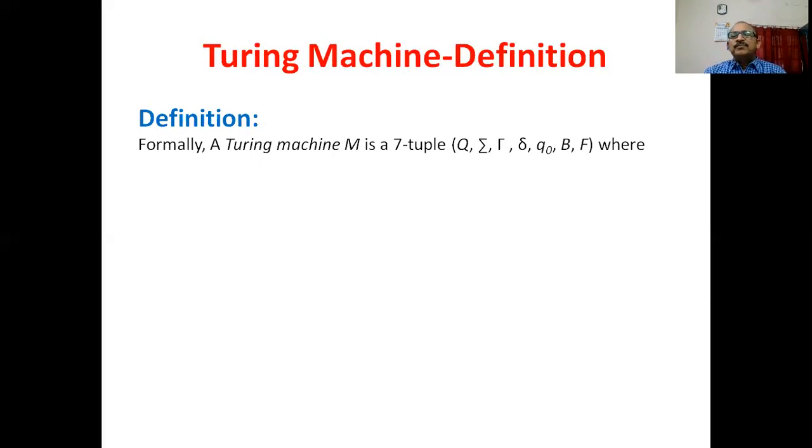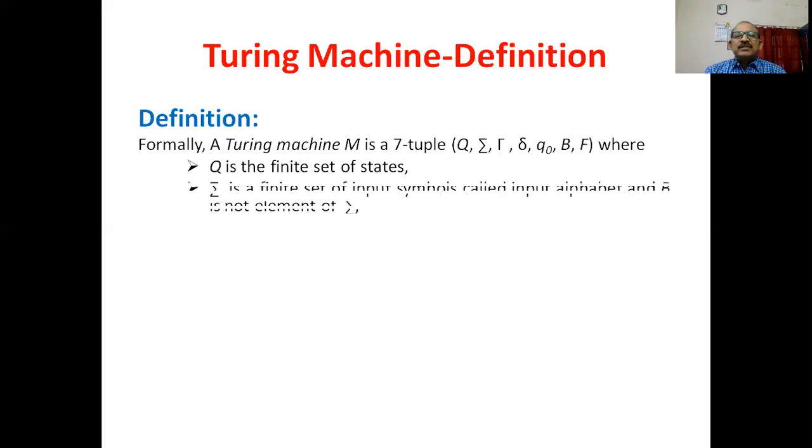Next point. How will we define a Turing machine? Formally, with the help of 7 tuples, we can define a Turing machine. The tuple is Q, sigma, gamma, delta, Q0, B, and F, where Q is a finite set of states. Sigma is an input alphabet.